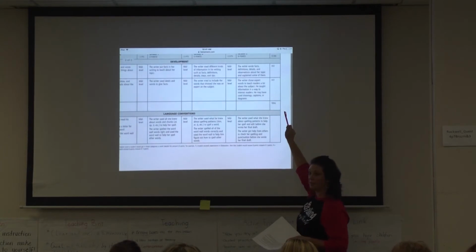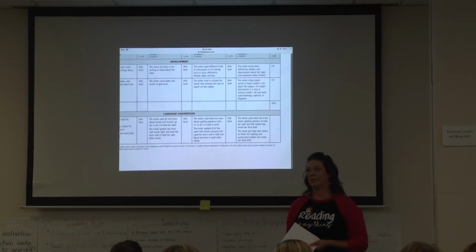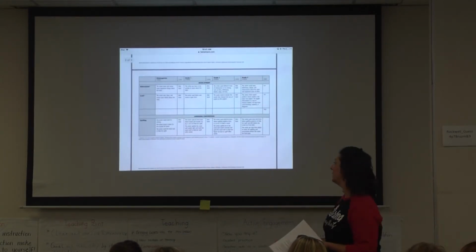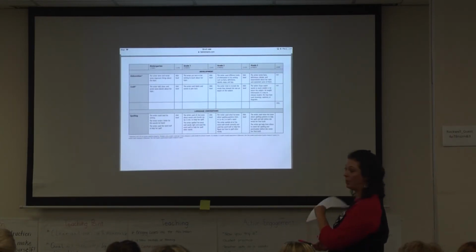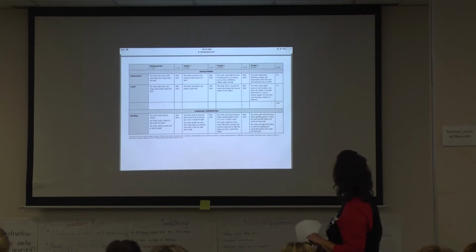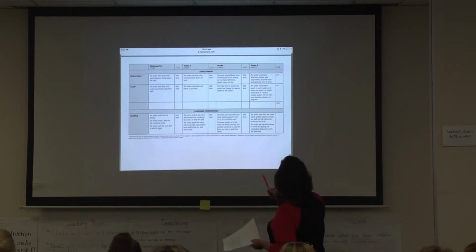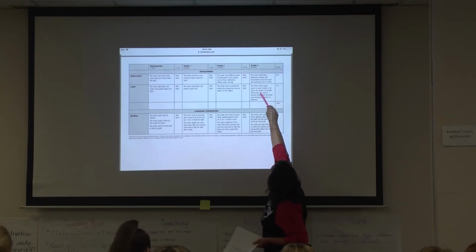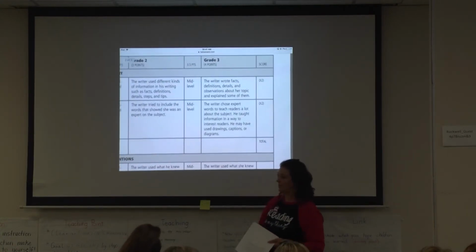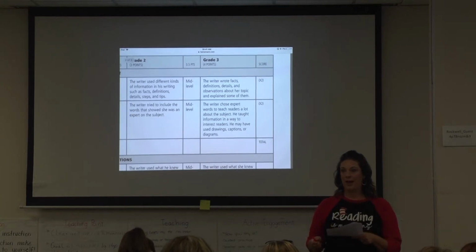Those are worth more points. Again, that's why our focus is not on spelling and punctuation, because that's not what writing is really all about. It's about how well they describe and craft their story. There's a ×2 here to remind you that whatever points you give them, you double. Okay? Any questions about that?